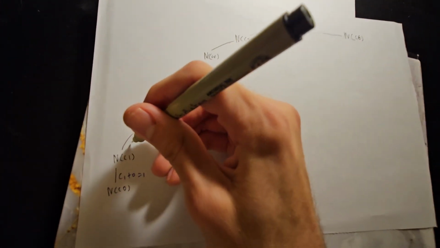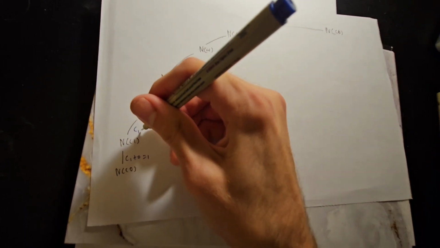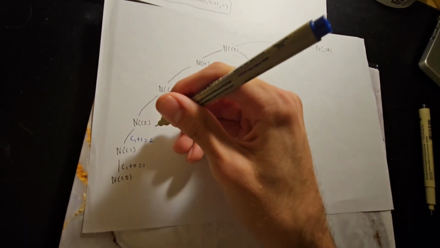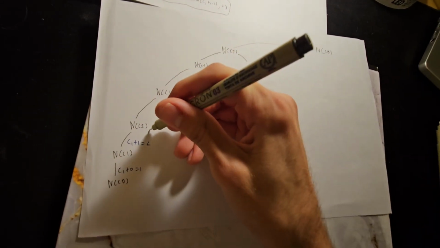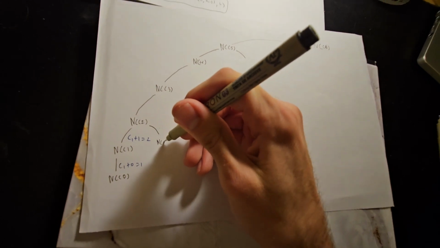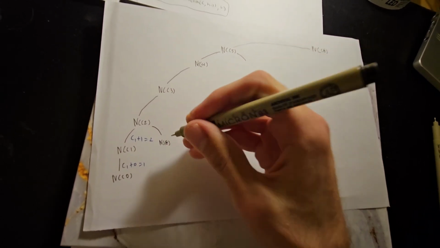Now we're going to go up here. So this is also going to be a C1. This is 1, so it's going to come up here. It's going to equal 2. 2 is also going to come to NC of 0.